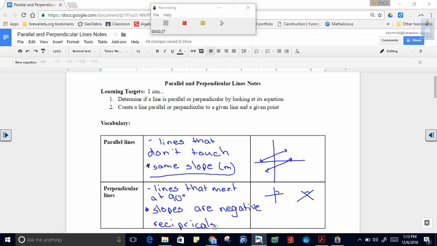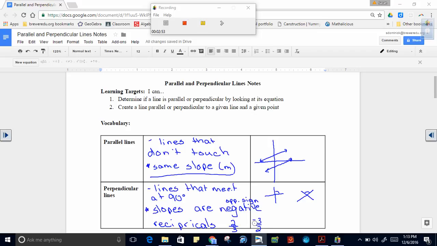So what that means is if you had a slope of positive 2 over 3, a slope that would be perpendicular to that would be negative 3 over 2. Negative just means the opposite sign. They won't always be negative. If the first slope is negative, the perpendicular slope will change to positive.